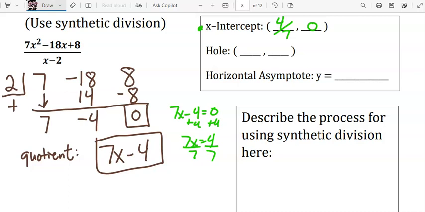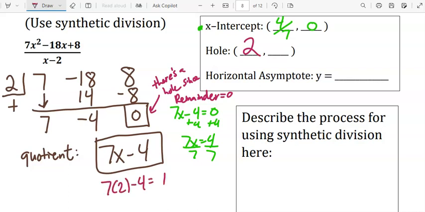And since the remainder is 0, there was a factor that canceled out, so there's a hole. So we know that 2 is the x value. To get the y value, plug that into the quotient. 10 is the y value.